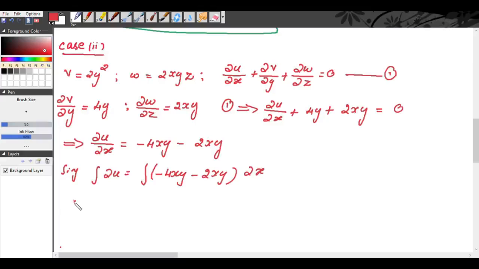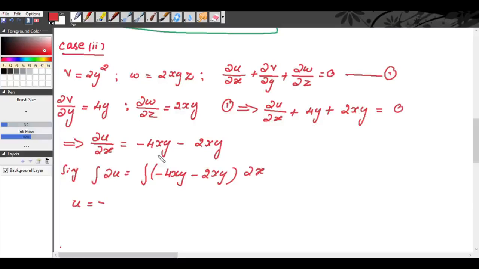So u is equal to, integrating with respect to x, is there any mistake?